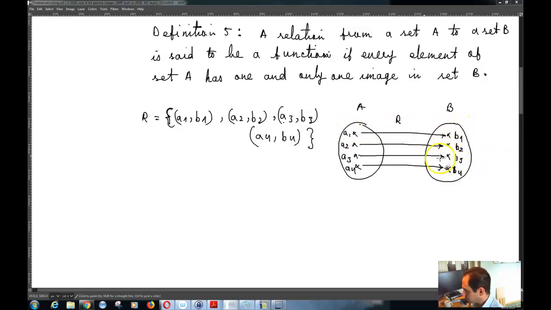Now if I connect A1 to, for example, B2 as well, now A1 has two images in set B, so then R could not be called a function.